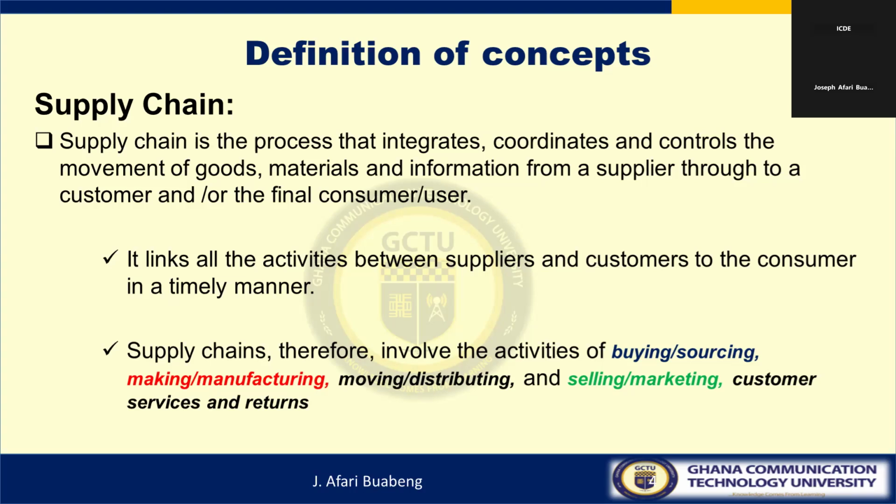Example, if you want to buy, let's say, Milo, there's a chain for the Milo. Before the Milo could be produced, manufactured, it has to start from somewhere.